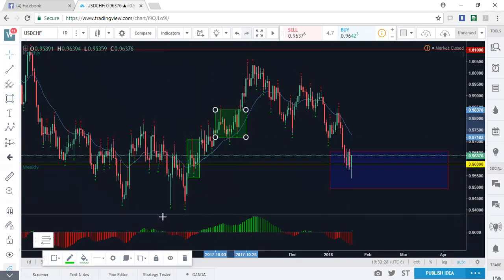All right. So what I want to show you is from this low to this high. This is a retracement within itself, okay? This pin bar and then this single candle right here, that's a retracement, all right? From this low to this high, see this sideways movement?